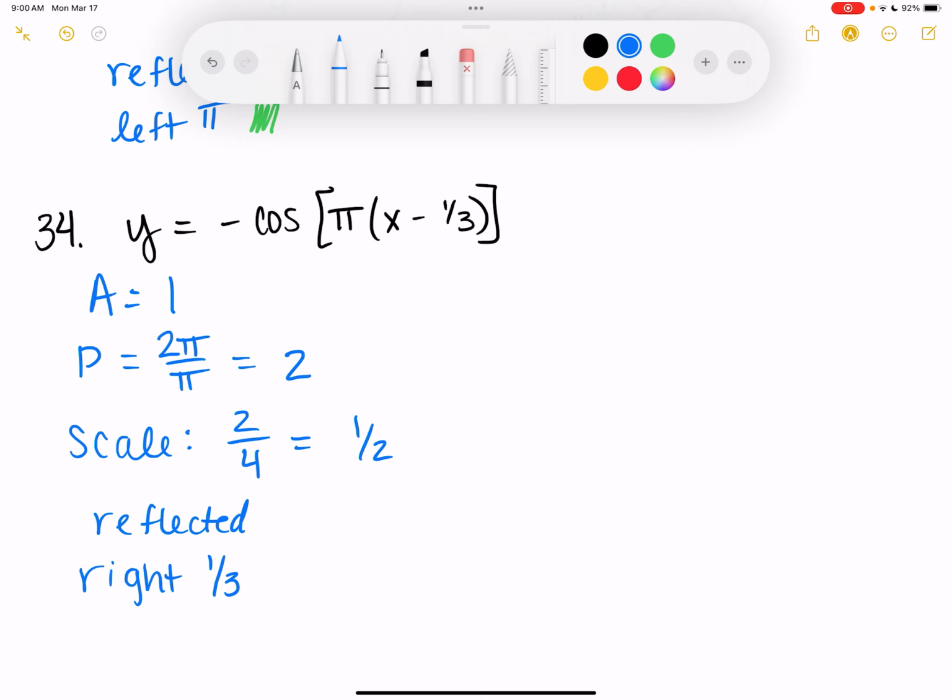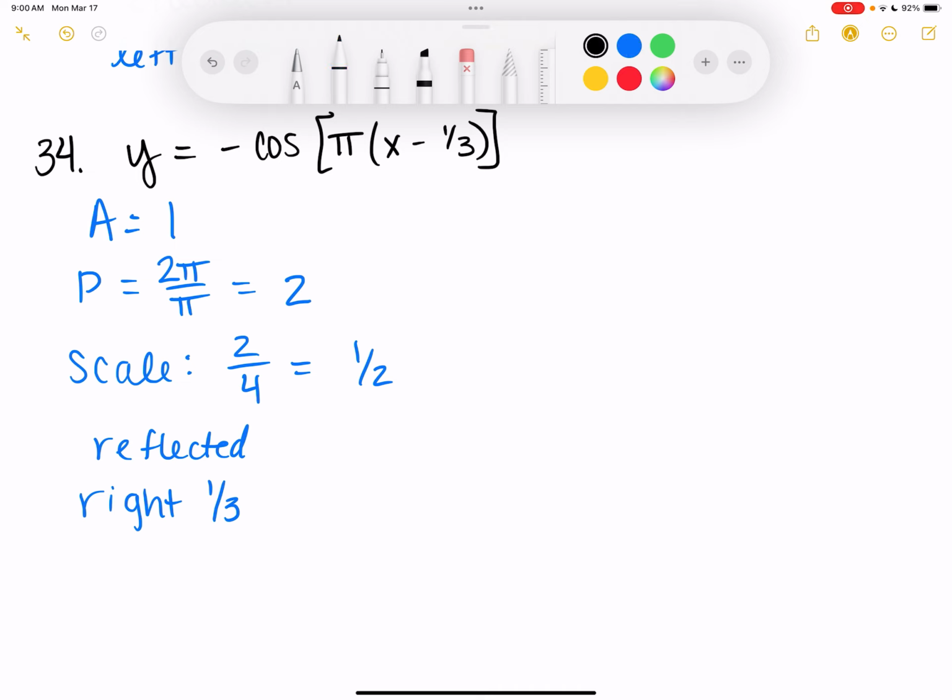All right, nothing else happening to this graph. We've covered everything, so I'm going to set it up over here. Since this is the first cosine one that we've done, I'm not going to do all the reflection in one step. I'm going to do it in separate steps. All right, so amplitude of 1, so I'm going to put that here.